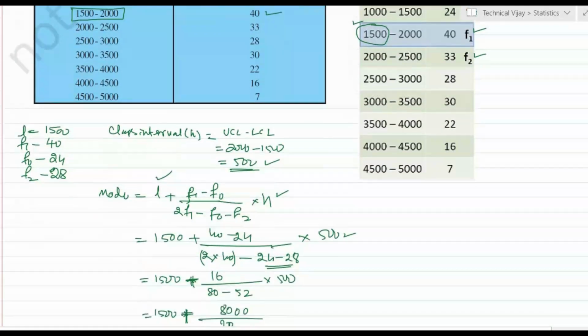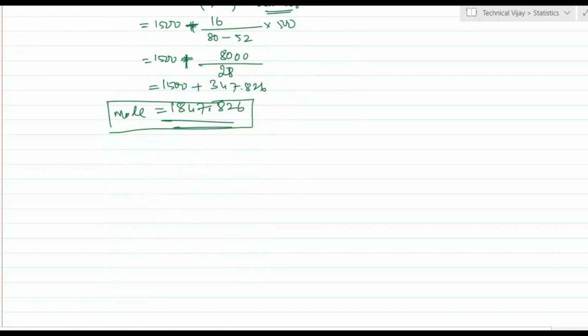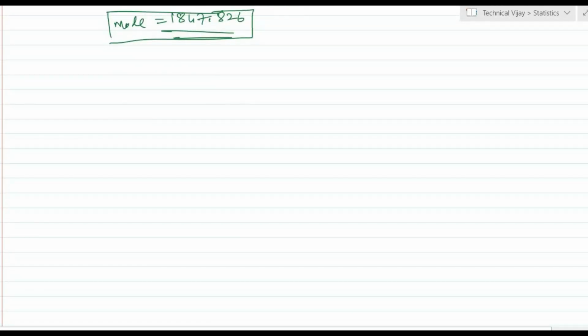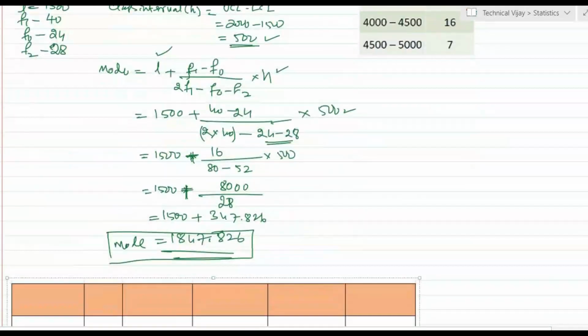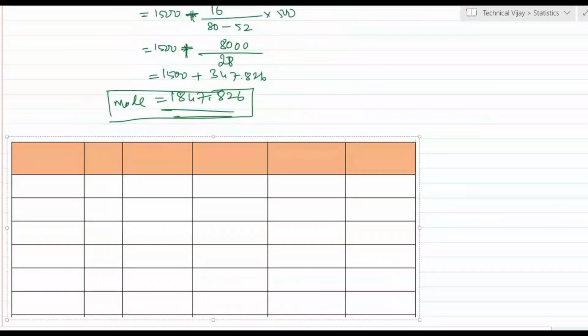The mean value, what we calculated in the previous exercise, that only we will follow. I will put a table here for the mean, and I will write the expenditure and the frequency, the number of families, also here.